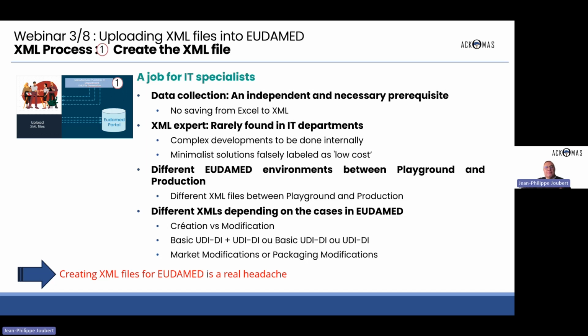And if you want to add a market or a packaging level and so on, it's again different XML formats. So imagine that you have the playground environment, the production environment, and in the middle, you have to think about what type of file format you have to use.